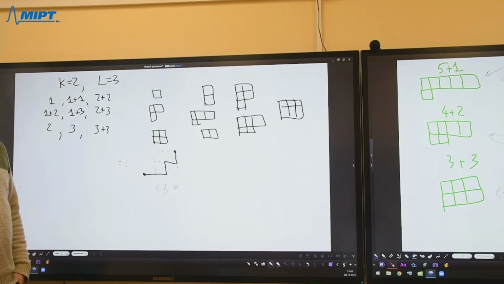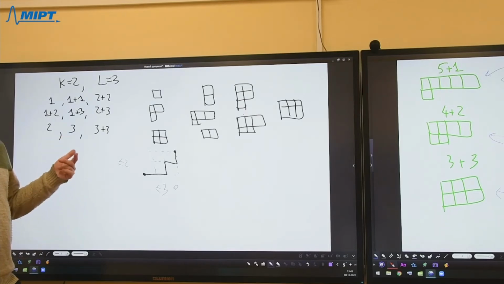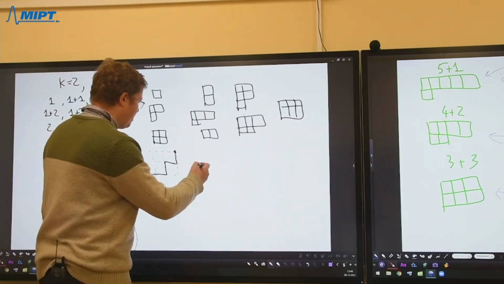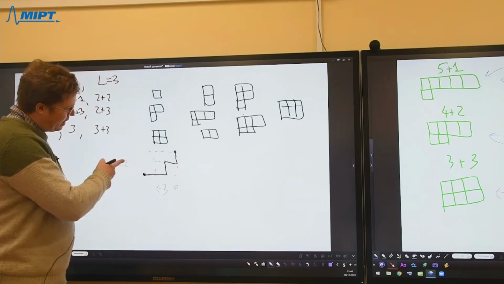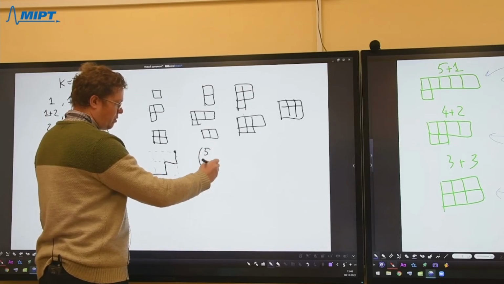We want to have 5 steps, 2 of them up and 3 of them to the right. It's called a combination, or binomial coefficient. So we have 5 steps, and we take 2 up and 3 to the right, so 5 choose 2 or 5 choose 3.